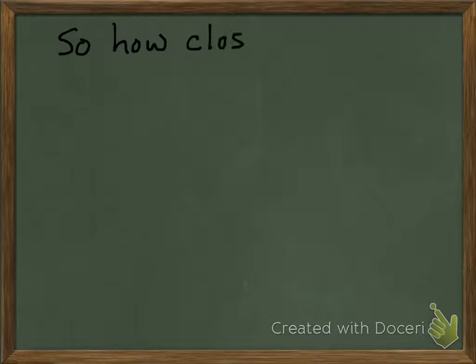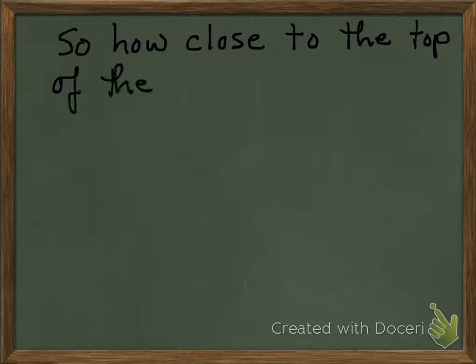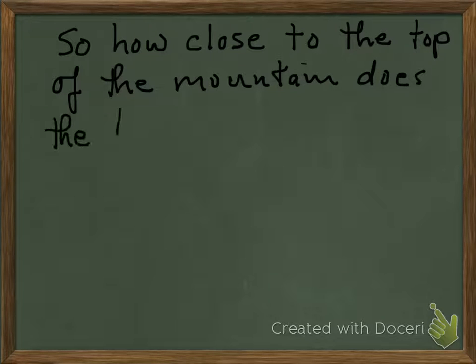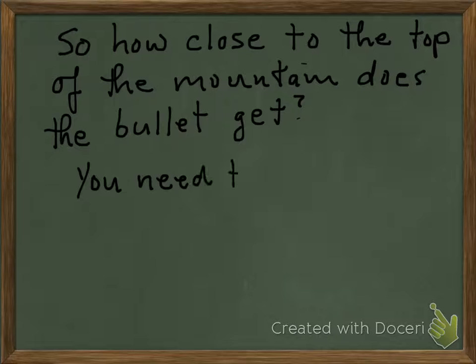So the next part of the question asks us, how close to the peak of the mountain do we get? In order to know that, we need to know the time it takes to reach that mountain. So we're going to use our horizontal.